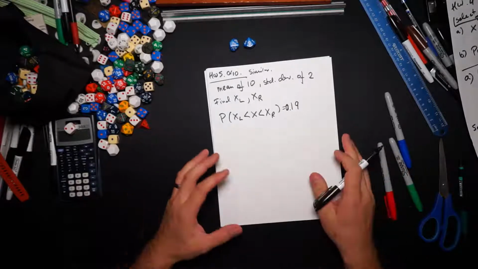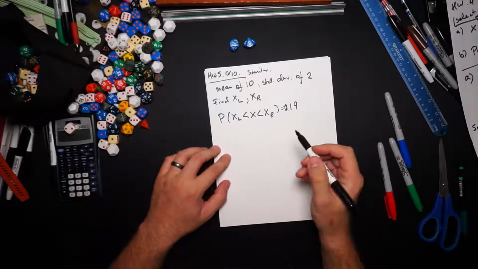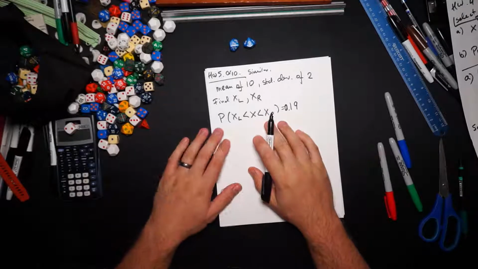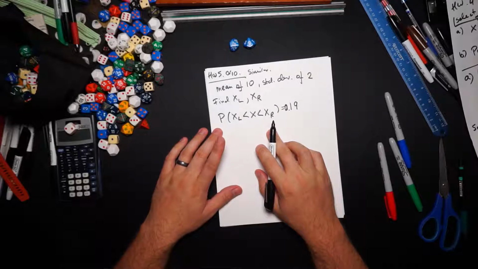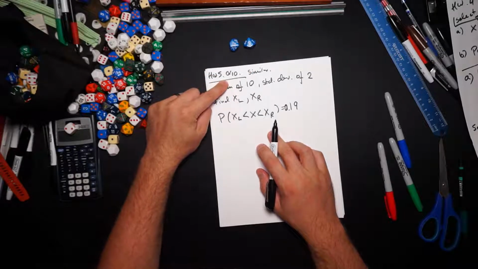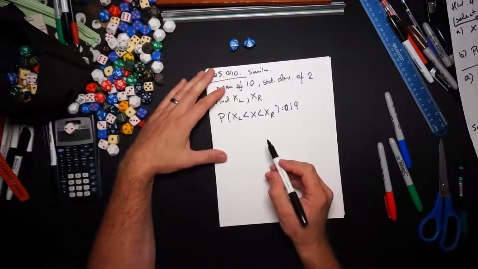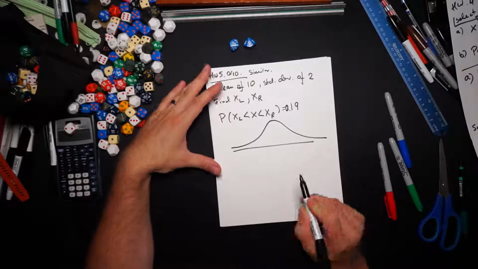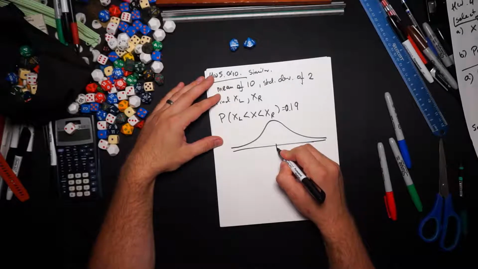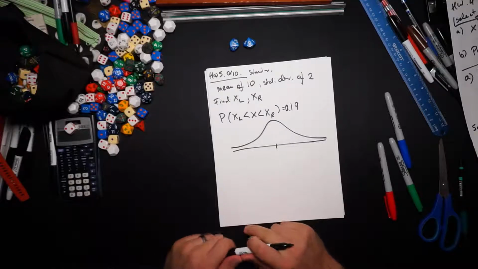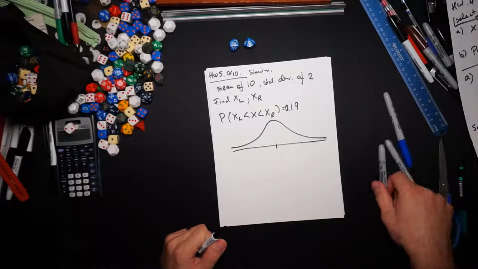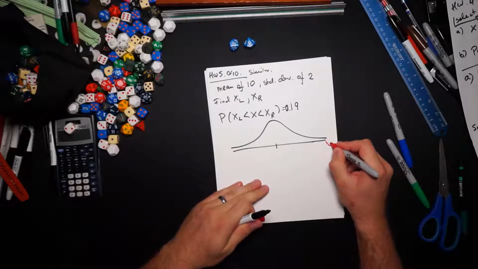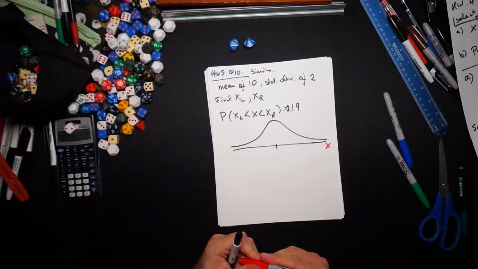So how do I start? Well, first of all, the distribution for x is symmetrically located with respect to the mean. The mean is right here in the middle. Now, if I'm going to mark this, I'm talking about x's here, and this is important.